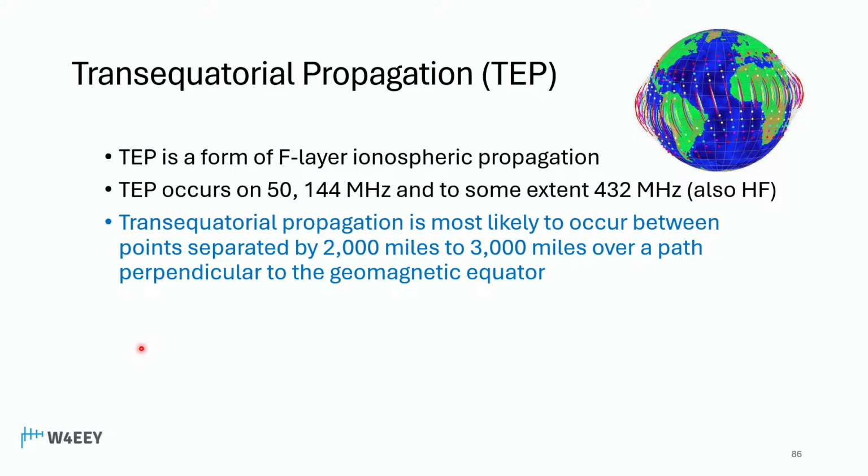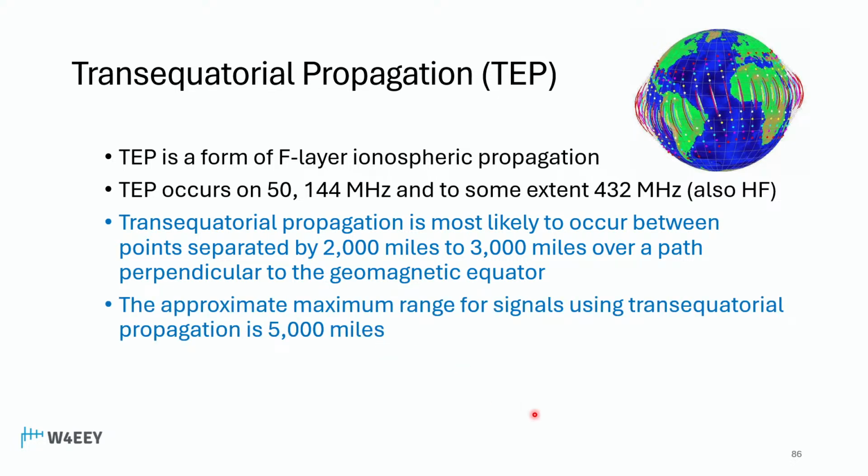And I've got a diagram of that coming up. So that's 2,000 miles north, 2,000 miles south, for a total of between 4,000 and 6,000 miles maximum distance. The approximate maximum range using transequatorial propagation is about 5,000 miles.